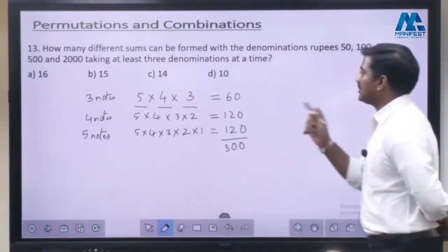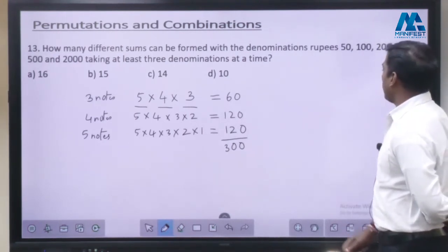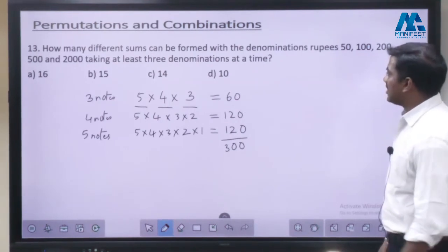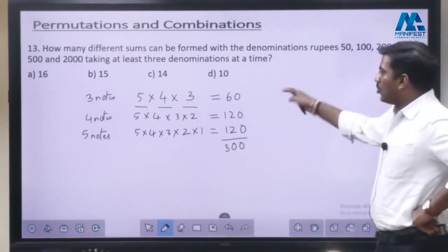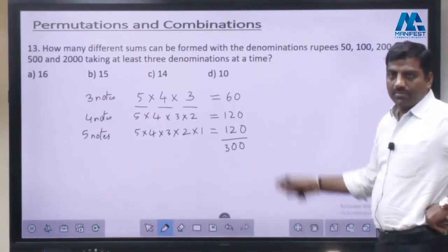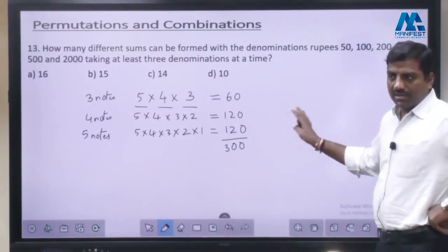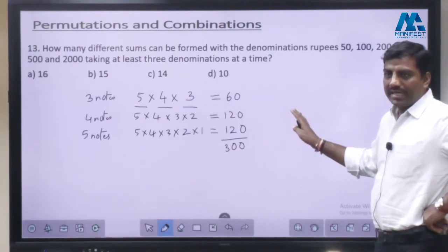How many different sums can be formed taking at least 3 denominations at a time? About the answer, I'll tell. Okay. But I think this one is correct. Any dispute?